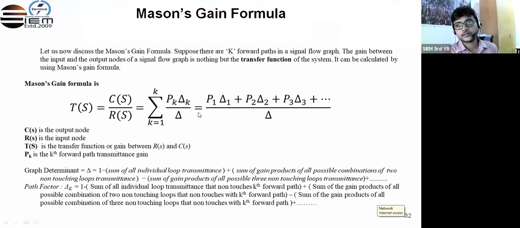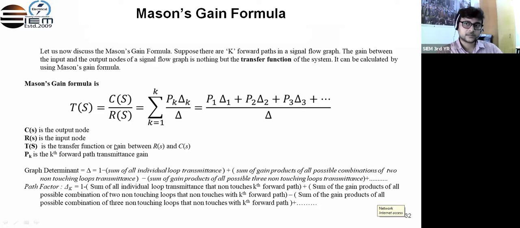So the summation of Pk Δk is P1 Δ1 plus P2 Δ2 plus P3 Δ3 plus so on, and Δ is called the graph determinant. Now, C(s) is the output node, R(s) is the input node, and T(s) is the overall transfer function, or you can also say overall transmittance, because we are finding this from the signal flow graph.